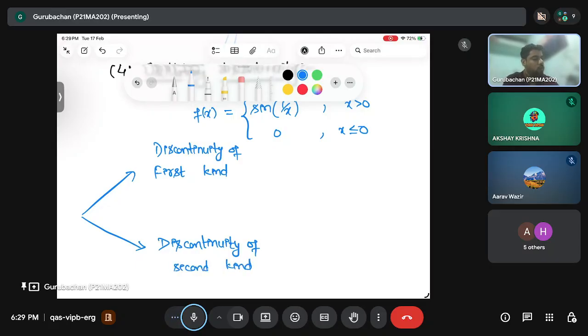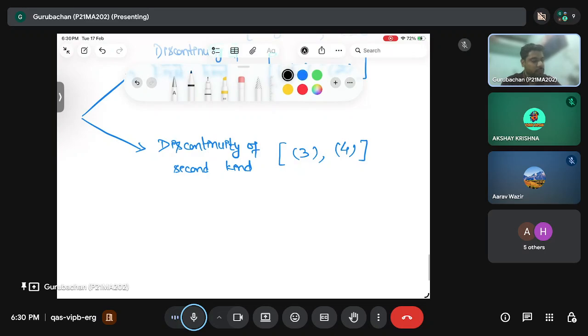The first kind includes number 1 and 2, that are removable and jump discontinuity, and the second kind is infinite type discontinuity and oscillatory type discontinuity. So is it clear to everybody what kinds of discontinuity we have and under which category they fall?